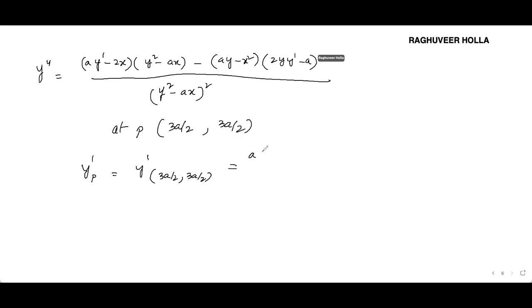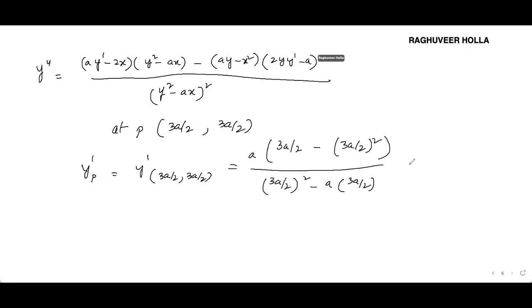This is a into 3a by 2 minus 3a by 2 whole square divided by 3a by 2 whole square minus a into 3a by 2. So this will be minus 1. Okay. So we got y dash at p.